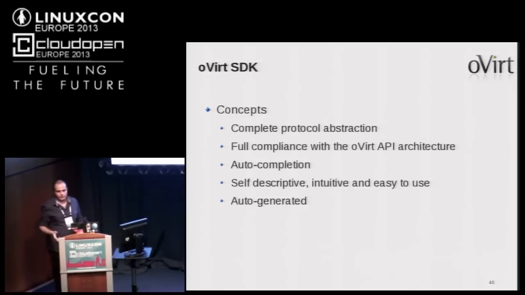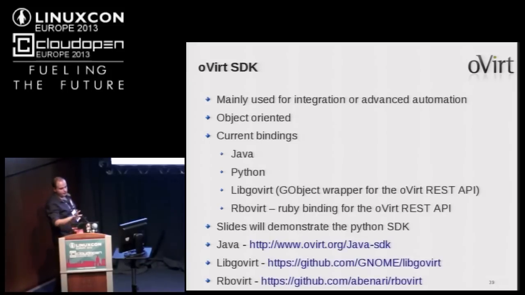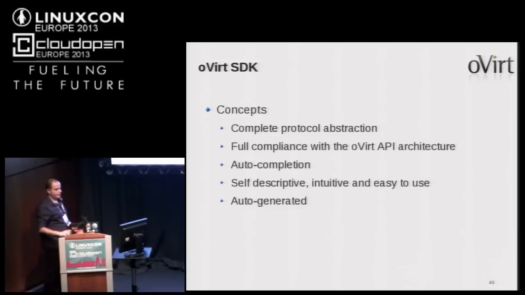It's auto-generated, so once we have a new change to the API, if we do it properly, it will propagate from the engine to the API, to the SDK, the Python SDK, the Java SDK, the CLI, everything will be updated. I can't say that for RbOvirt and libgovirt because they are different libraries, but the Java and the Python SDK are completely auto-generated.